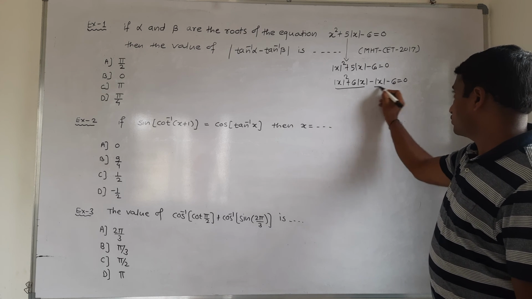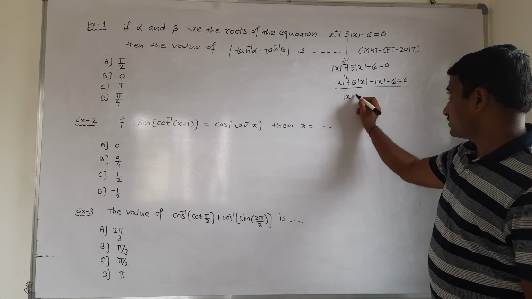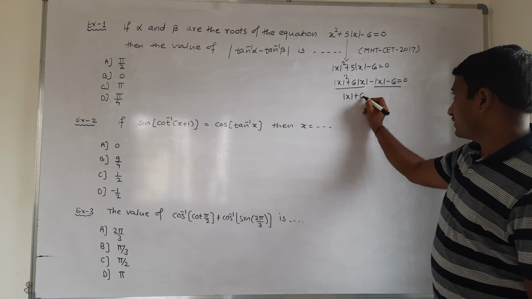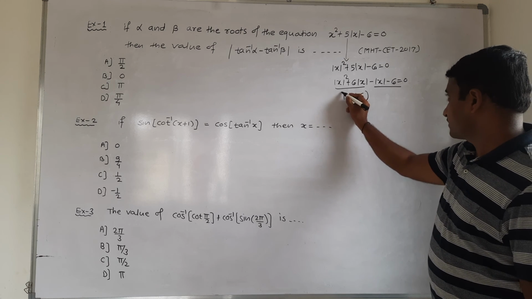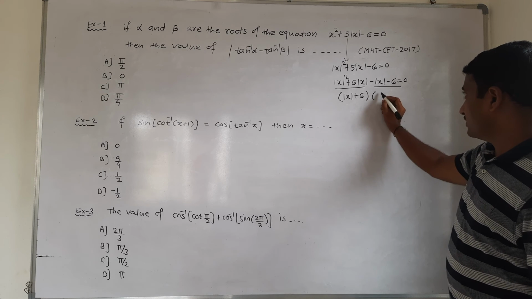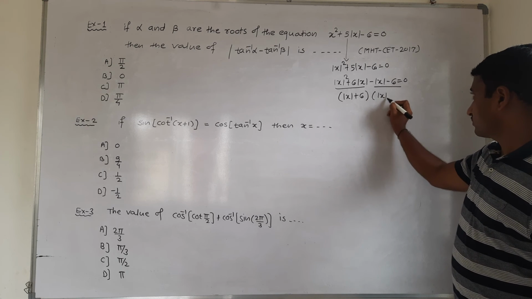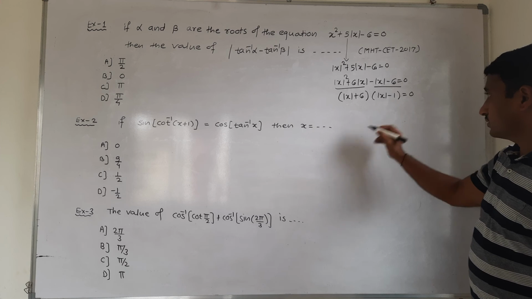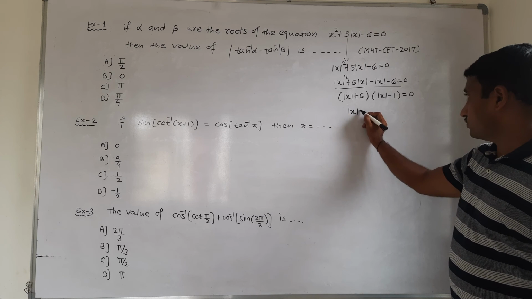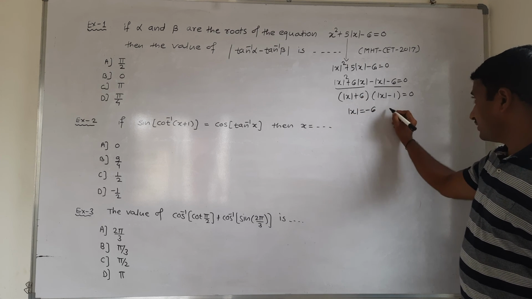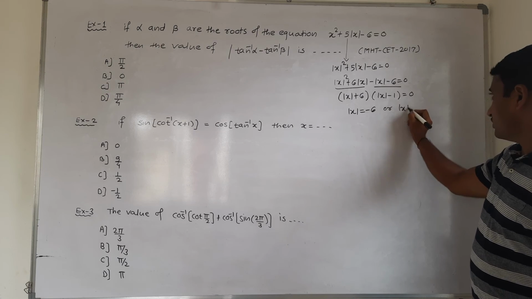That is, modulus x plus 6 into modulus x minus 1. These are the two factors. Therefore, modulus x is equal to minus 6 from the first bracket, or modulus x equal to 1.